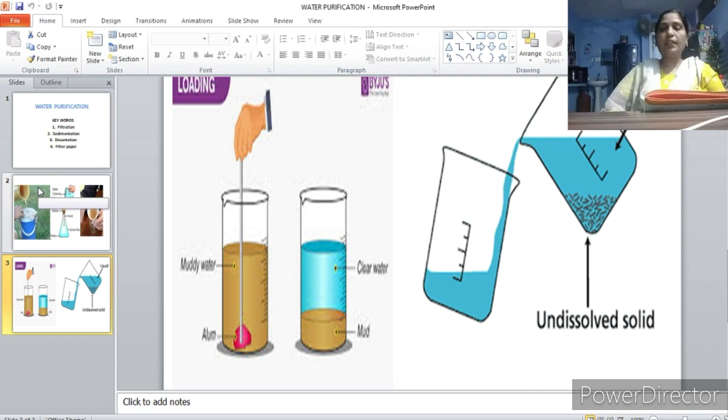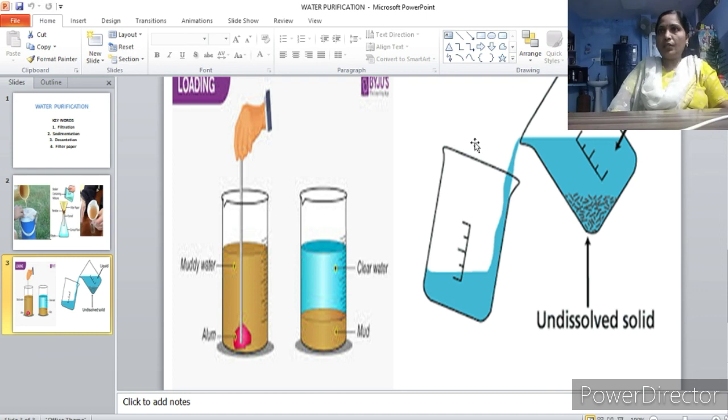And the next question: use the example above to draw a diagram showing the decantation process. How can you use filtration as a part of decantation? So here he is asking you to draw the decantation process, and in the same diagram to show the filtration process too.